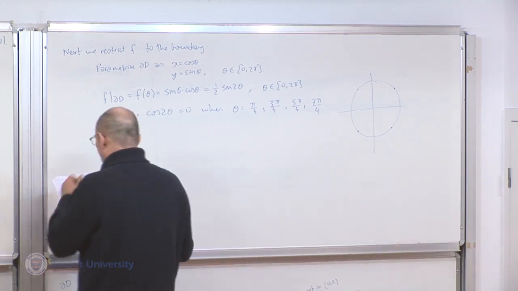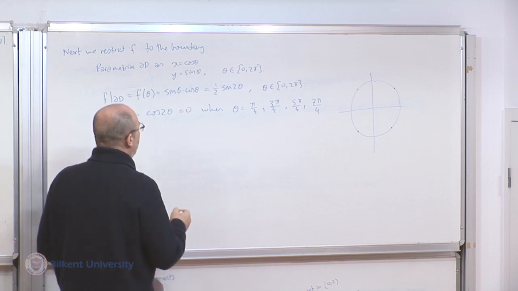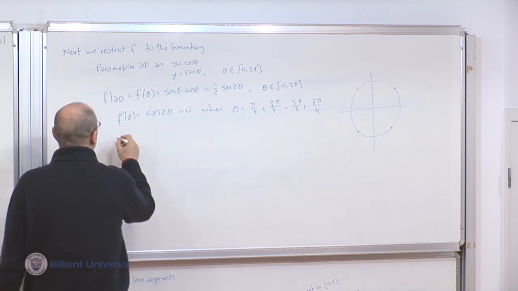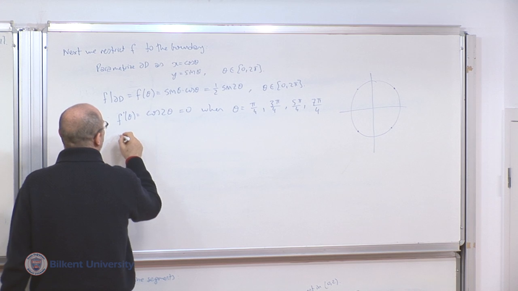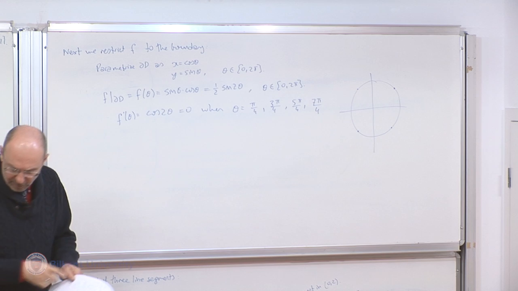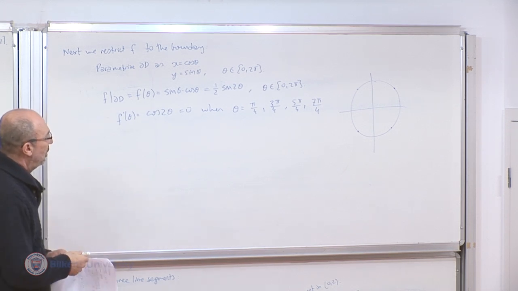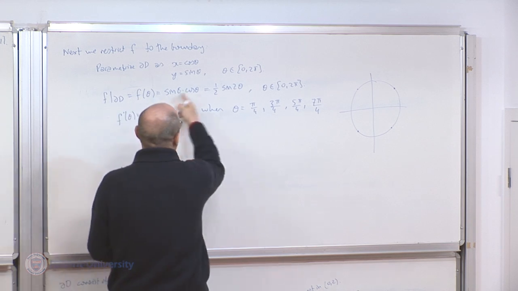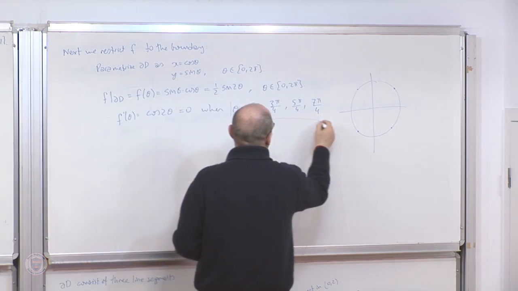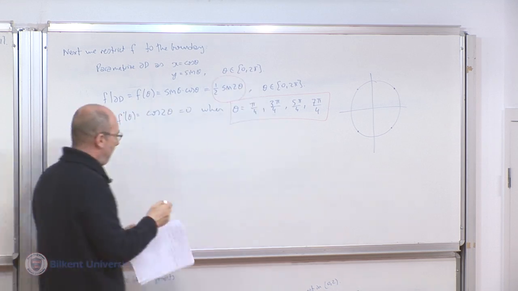Okay, so these are the points. Well, actually, I already have the function here, so I calculate. I don't need in this case to write the Cartesian coordinates for this because the value of the function is known. So these are the things that I will calculate here.